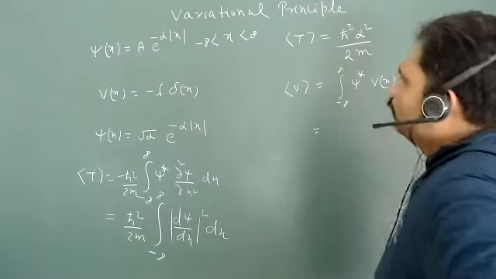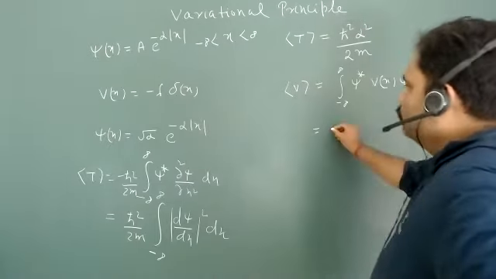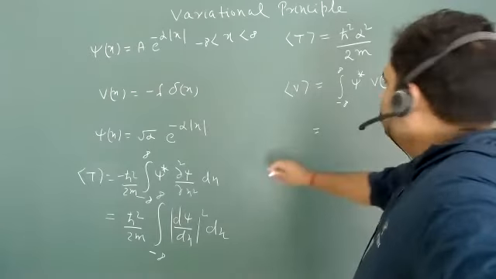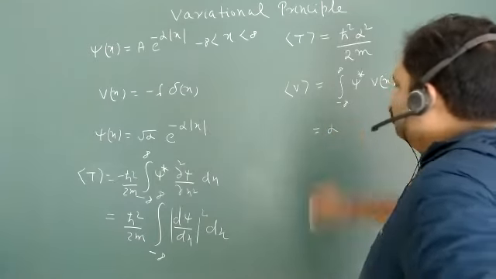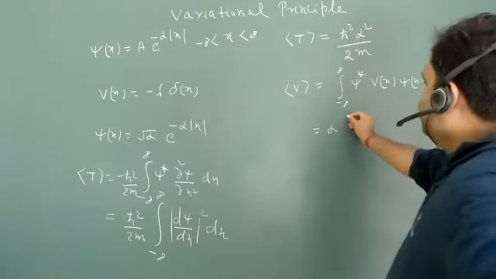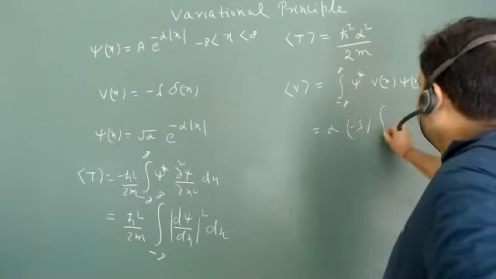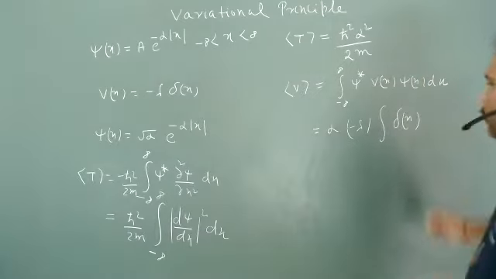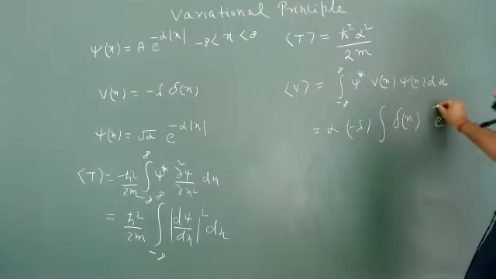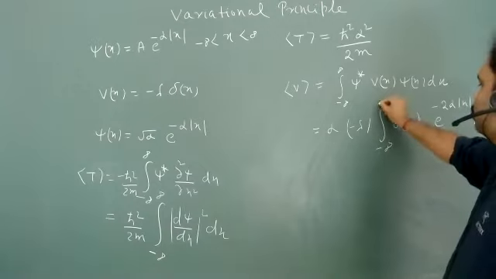When you calculate this, the value will be alpha, and inside you have minus lambda, delta(x), and e to the power minus 2 alpha |x| dx, from minus infinity to plus infinity.